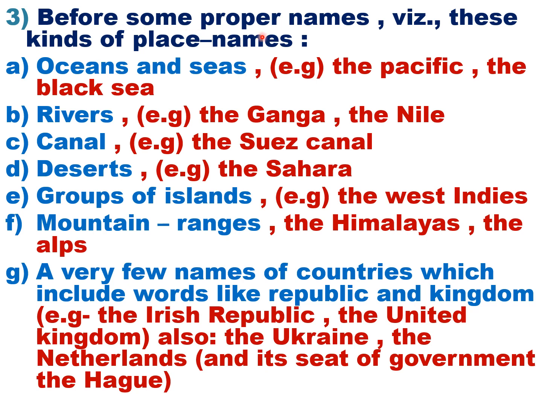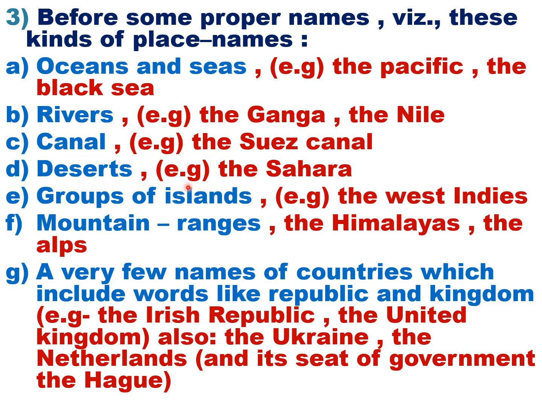Before some proper names, before oceans and seas, before the ocean Pacific, and before the sea Black Sea, we can use the definite article: the Pacific and the Black Sea. Before rivers, the Ganga, the Nile. Before the canal, the Suez Canal.